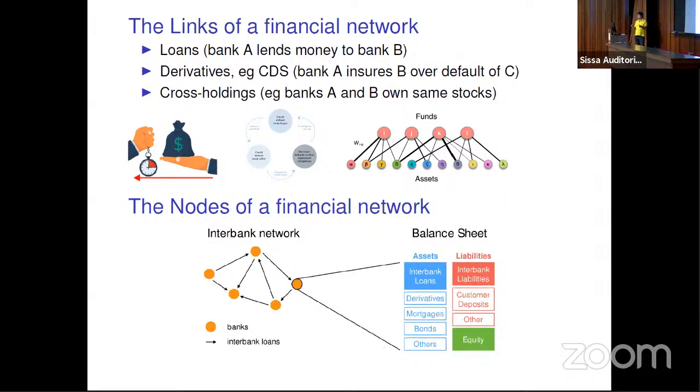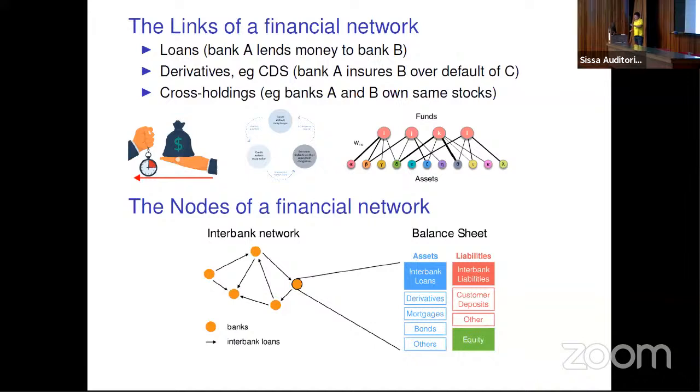The column of assets, which are the things that have positive value, like loans to other banks, the interbank loans, but also bonds, stocks, whatever with positive economic value. Then you have the column of liabilities, which are the debts towards other banks, towards customers, towards the rest of the financial system. The difference between total assets and total liabilities is called equity. This is the net worth of the bank. This must be positive, otherwise the bank has failed.